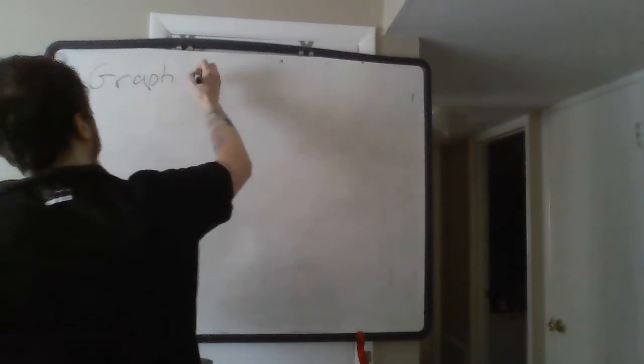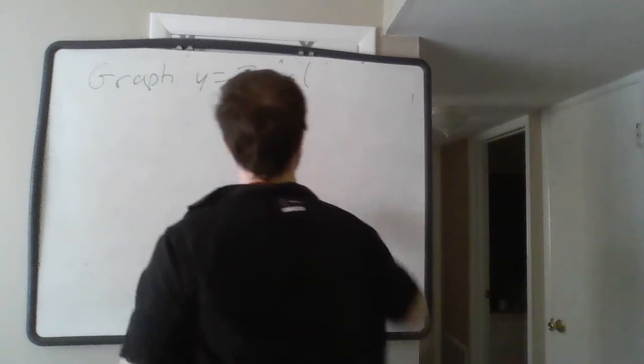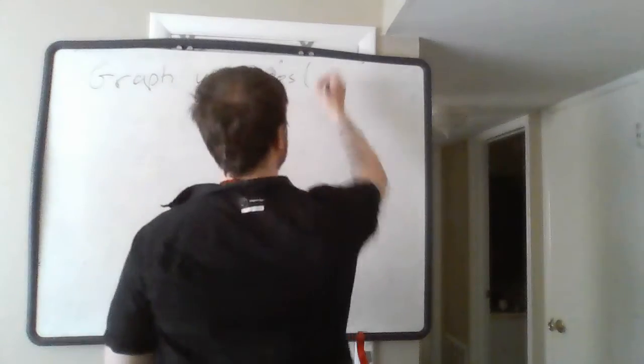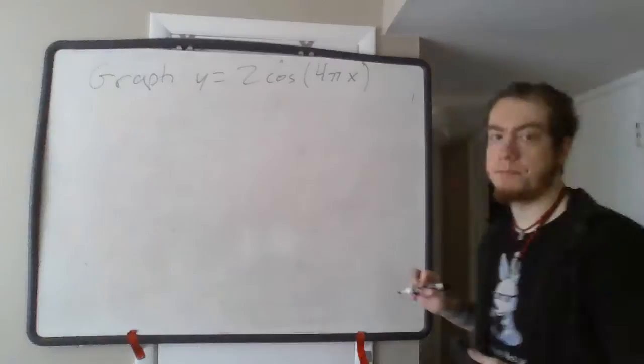So let's suppose now that I want to graph y equals 2 times the cosine of 4 pi times x.